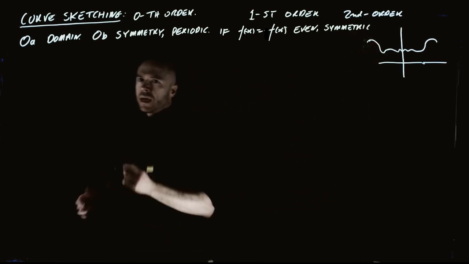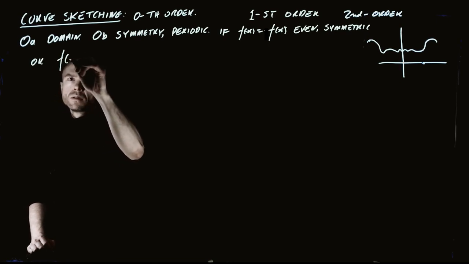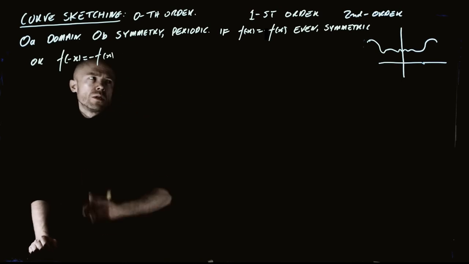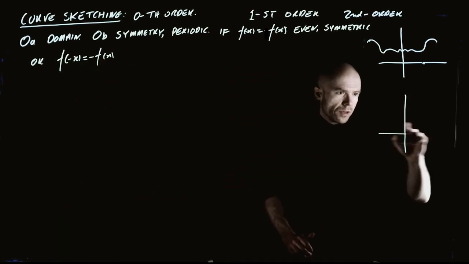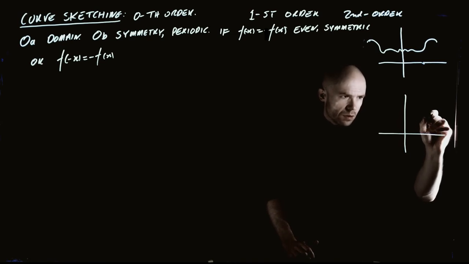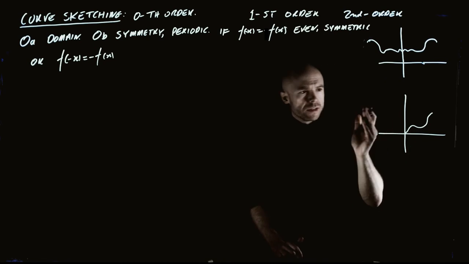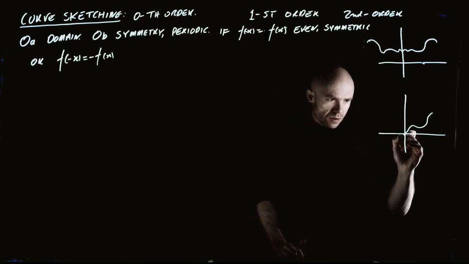Or we can have anti-symmetry. And this is like what happens when we take our function and whatever it's doing, so it's doing something like this, then we reflect it across the y-axis, and then we reflect it again across the x-axis.